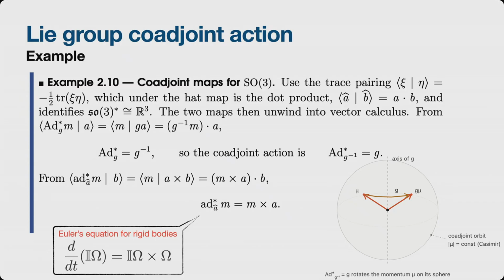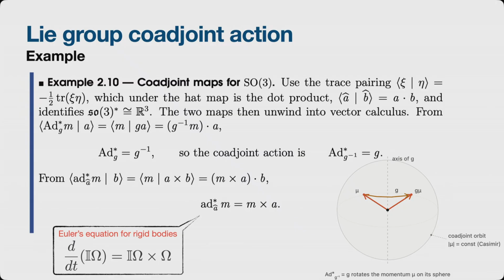And you can see this in the Euler equations for rigid bodies. It's the conjugate momentum Iω cross product the primal element here. So really, it's saying that the change of this momentum is equal to an infinitesimal coadjoint equation. So this is sort of a hint that we're going to run into this.